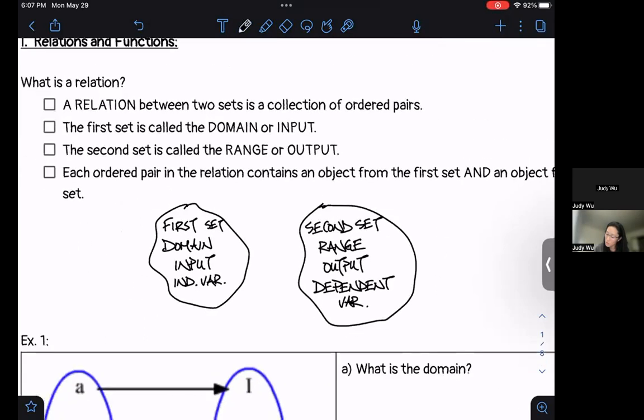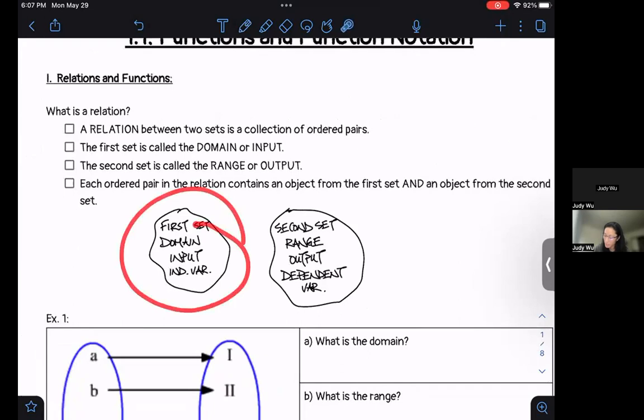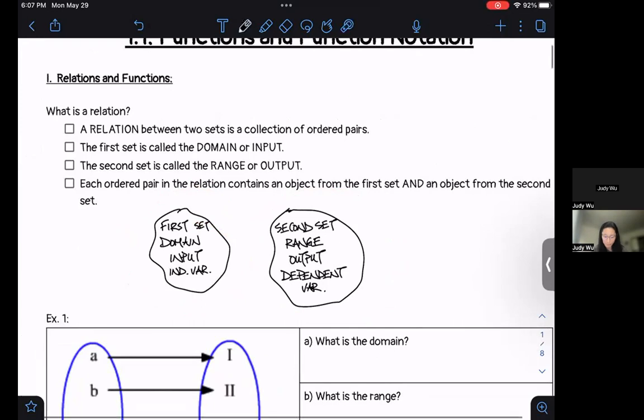And in order to have a relation, we grab one element from here and one element from here, and we put them together in an ordered pair, okay?